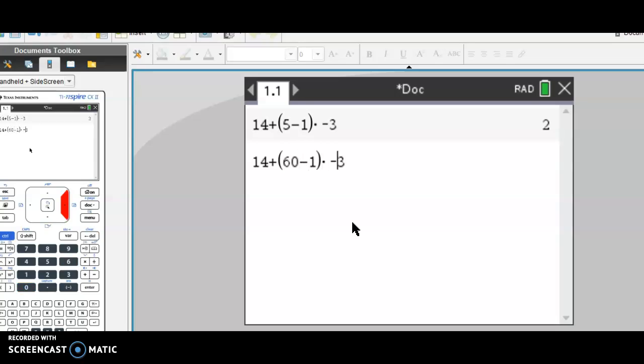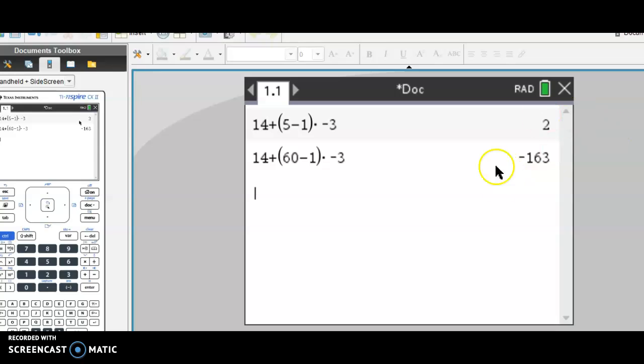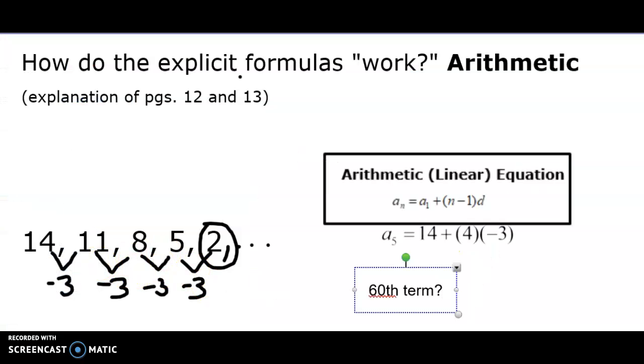Everything else is the same. That's why I like to copy and paste. And there you go. Instead of listing, this is only 5. Instead of listing 60 terms and then finding that this one is the 60th term, I can just plug it into the formula and I'm done. The 60th term is negative 163 of this arithmetic sequence with a common difference of negative 3 and A1, or that initial term, of 14.